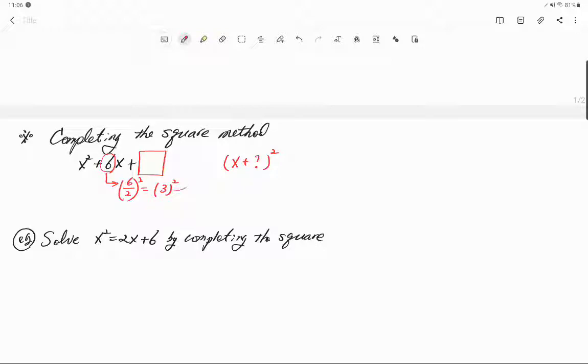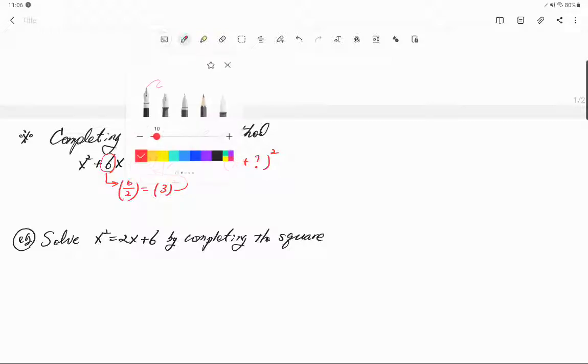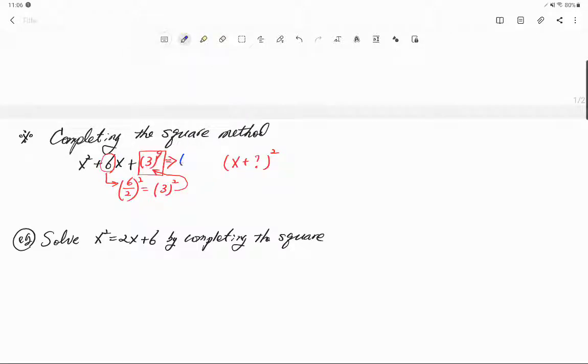So 3 squared should go over here. Then this will be x plus 3 squared. Can you see how it works?